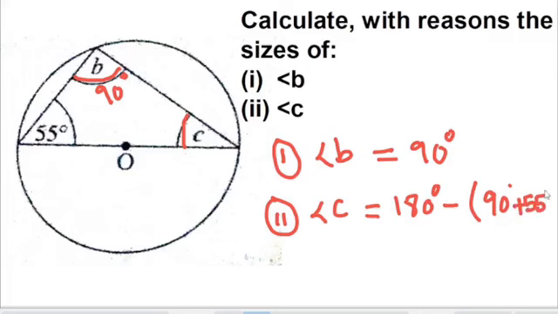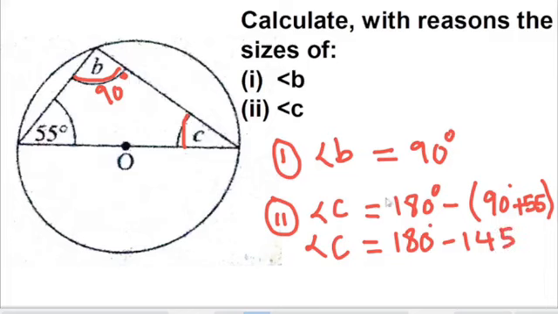So angle C equals 180 degrees minus, when you add 90 degrees plus 55 degrees, it gives you 145.